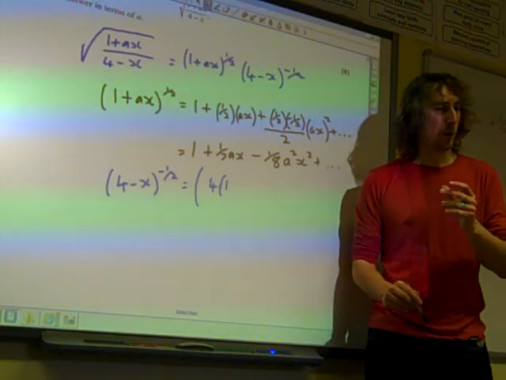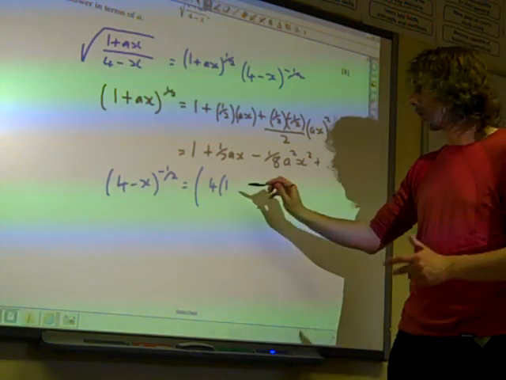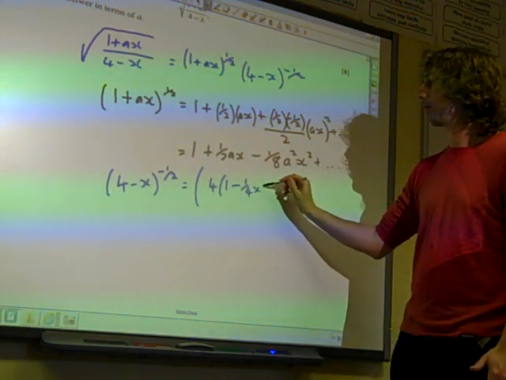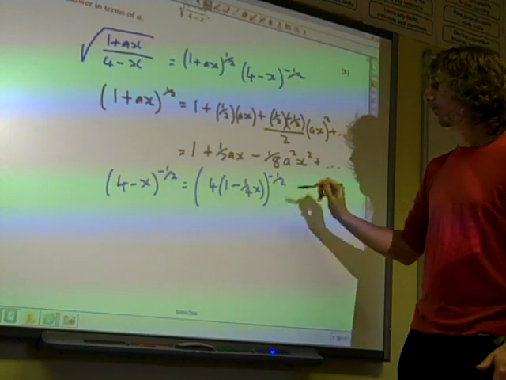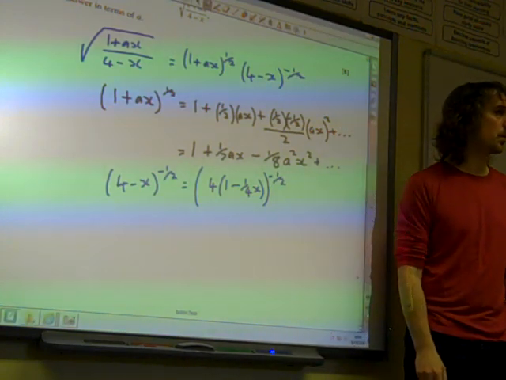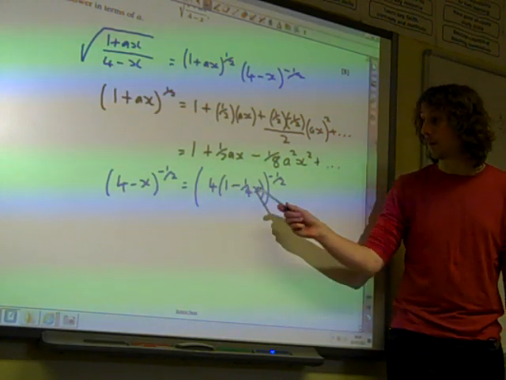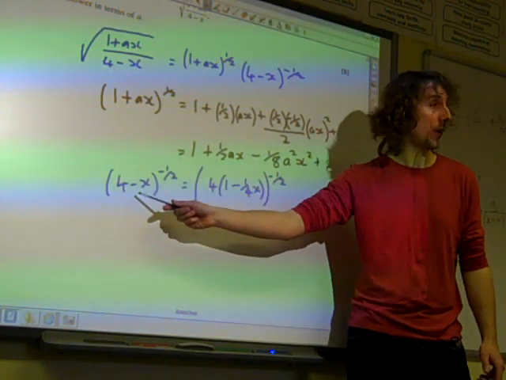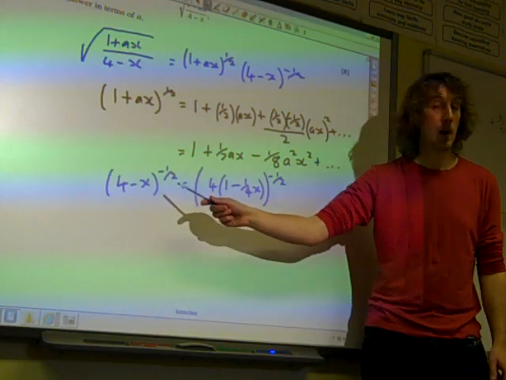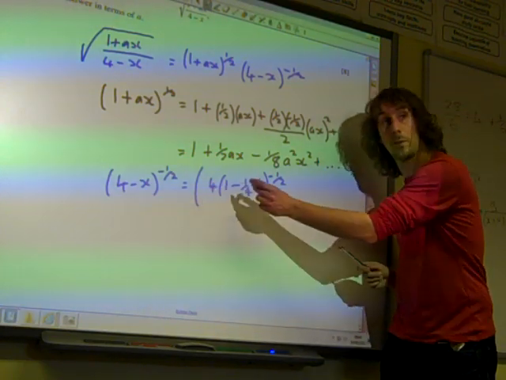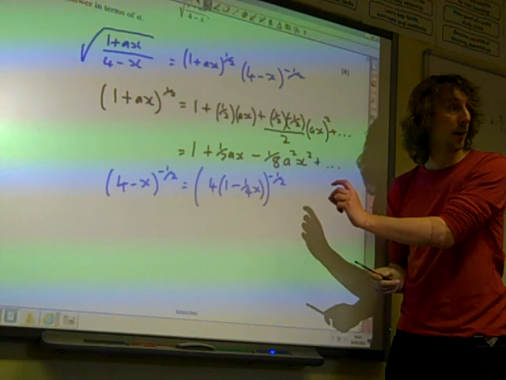To get minus x, well that would need to be 4 lots of minus a quarter x. So we do that first. Are you happy? Inside this bracket here we have 4 times 1 is 4, 4 times minus a quarter of x is minus x. Now both of these two terms are raised to a power of minus a half.